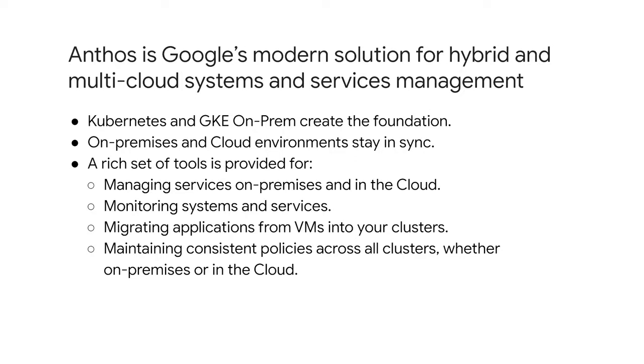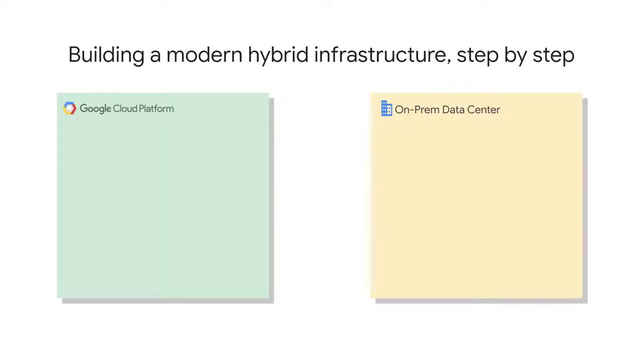The Anthos framework rests on Kubernetes and Google Kubernetes Engine deployed on-prem, which provides the foundation for an architecture that is fully integrated with centralized management through a central control plane that supports policy-based application lifecycle delivery across hybrid and multi-cloud environments. Anthos also provides a rich set of tools for monitoring and maintaining the consistency of your applications across all of your network, whether on-premises, in the cloud, or in multiple clouds.